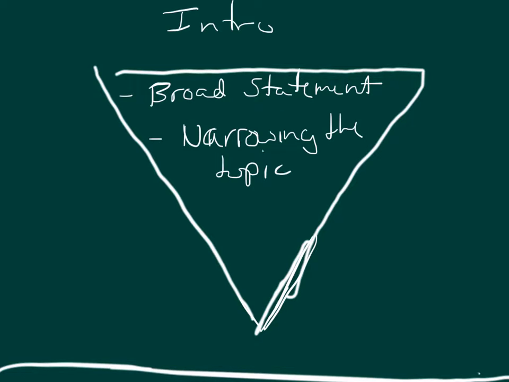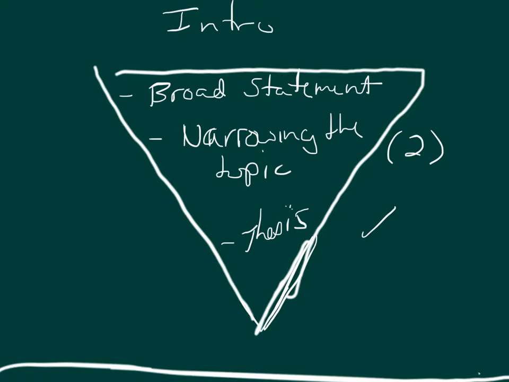Some people sometimes use two sentences to do this, sometimes just one. But then the third and final is your thesis, or I shouldn't say third and final, it could be the fourth sentence too, is your thesis, and you've already written that.